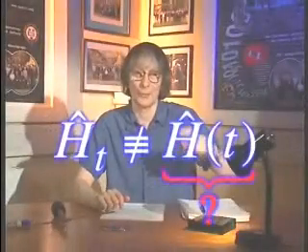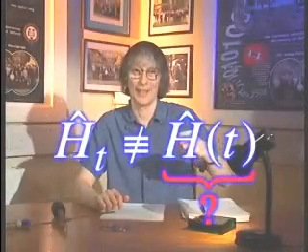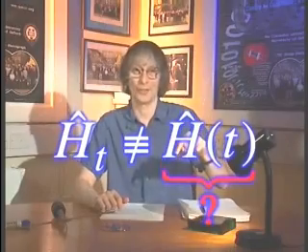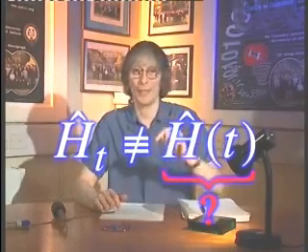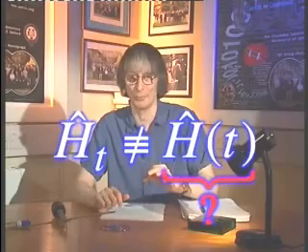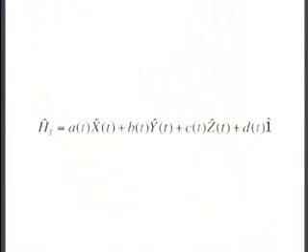In other words, pick a whole one-parameter family of observables, h subscript t, one for each time. The reason why I'm not calling that h of t with the t in parentheses is that we're already using that notation to refer to the time evolution of a single observable, whereas in this construction we're allowed to choose a different observable at each time.